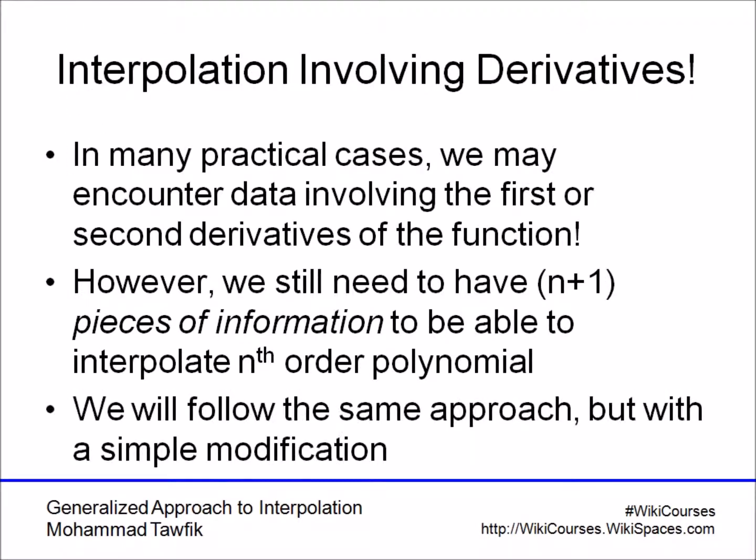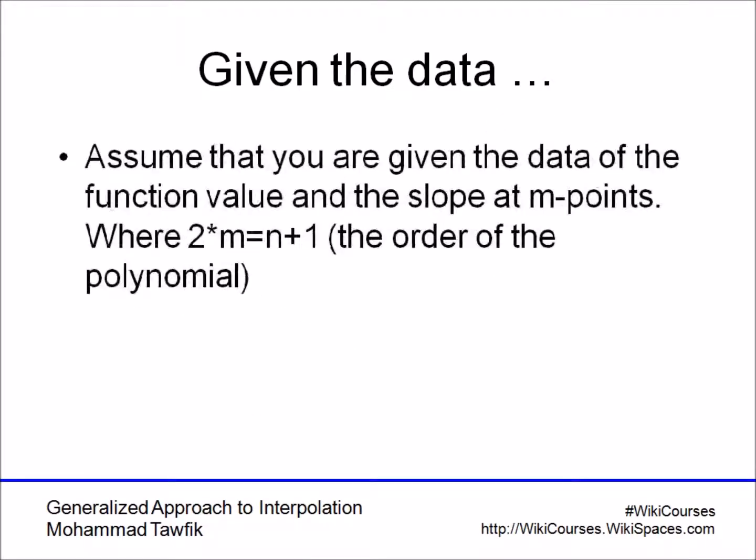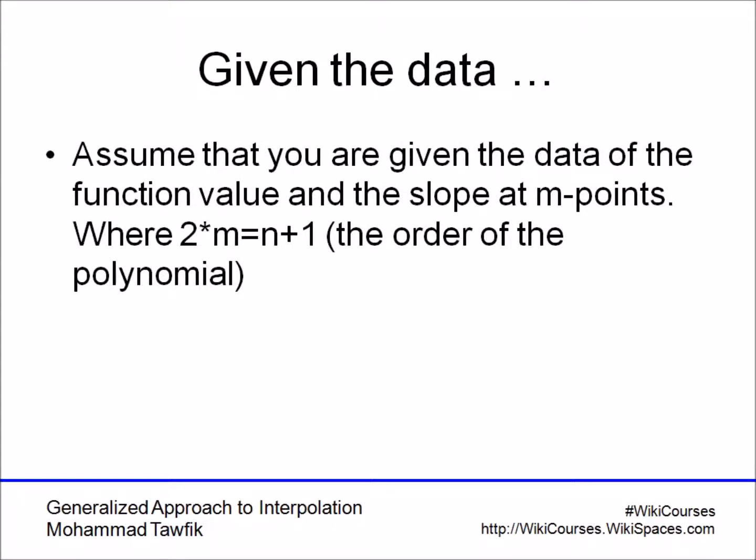Okay, finally, let's use the generalized approach, but in a little bit modified way. Let's assume that we have, say, m points. At each point of those m points, you have the derivative, and you have a value of the function and the slope of the function.